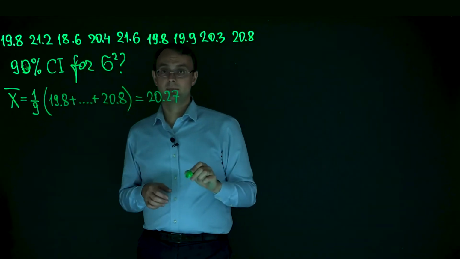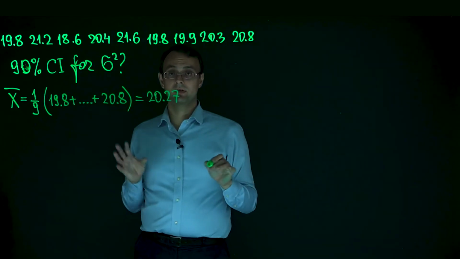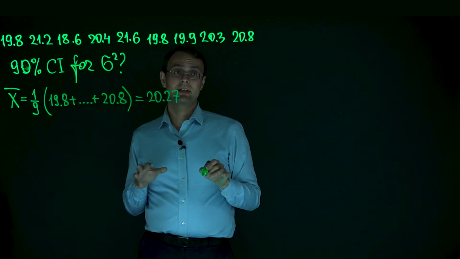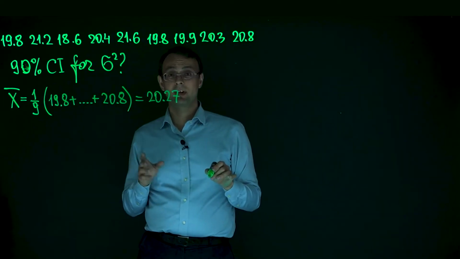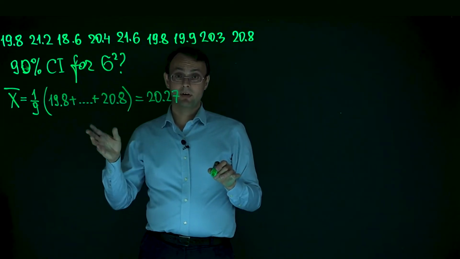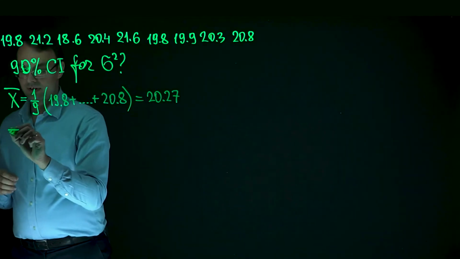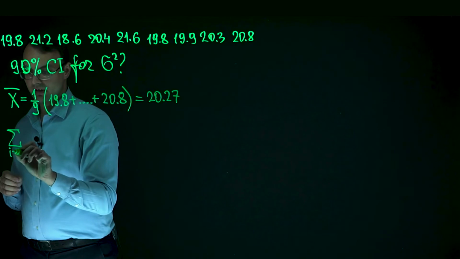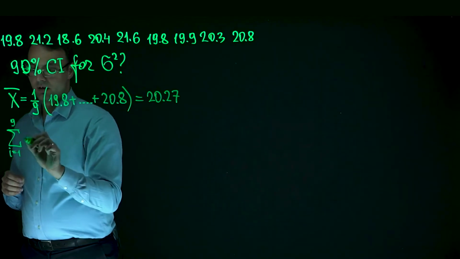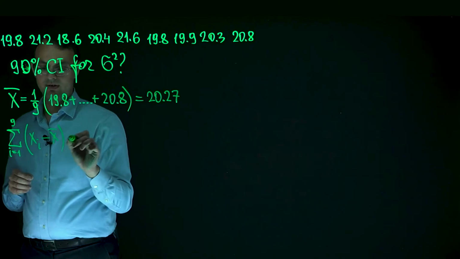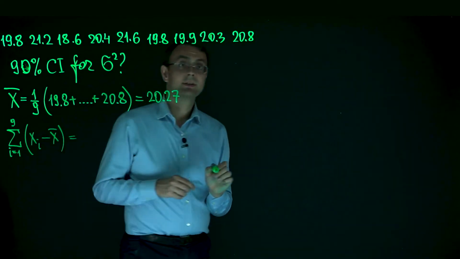So the sample mean is 20.27 degrees. Then we are to find here not the sample variance, but the sum of squares of differences. So we find the sum for i from 1 to 9 of squares of differences between xi and x bar.